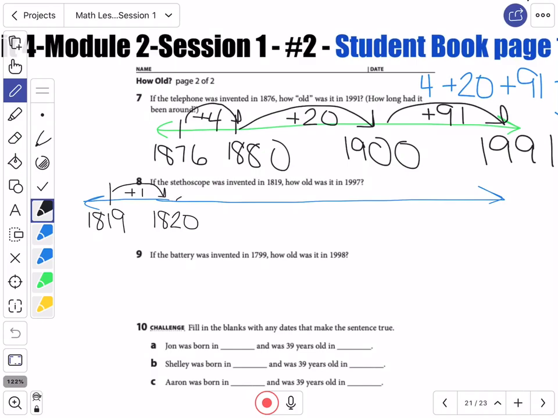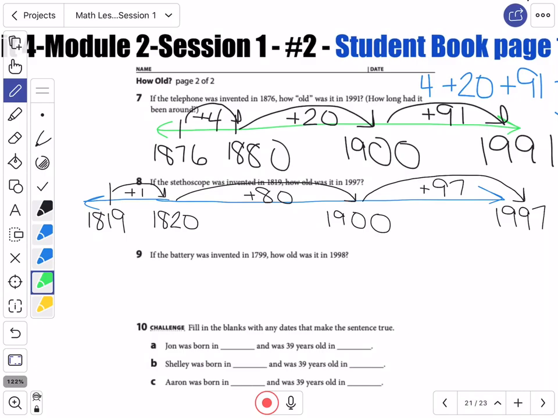From 1820 to 1900. Get to another solid number. That's another 80 years. And then from 1900 all the way to 1997, that's another 97 years.